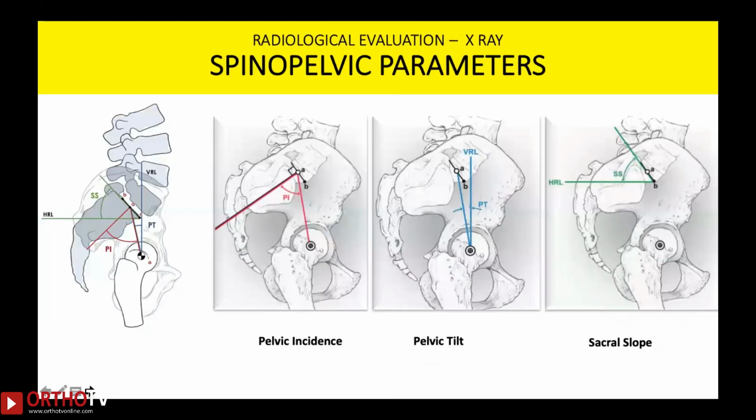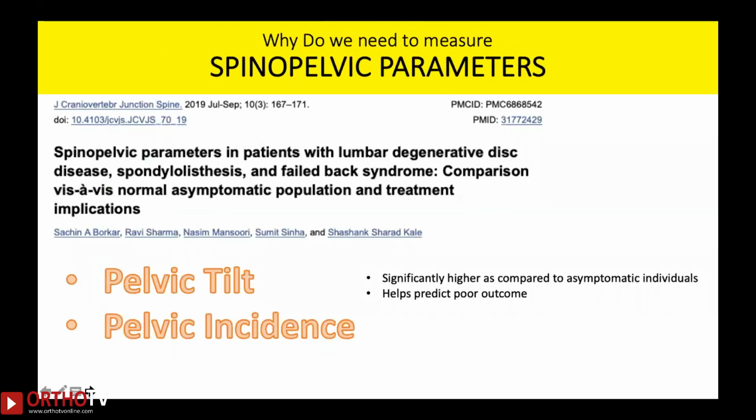In addition to the segmental instability, we also need to assess the spinopelvic parameters. The three common parameters that we assess in our routine practice are the pelvic incidence, the pelvic tilt, and the sacral slope. The basic question that comes to our mind is, why do we need to measure these complex angular parameters for our degenerative pathologies?